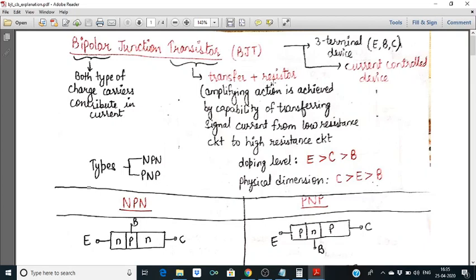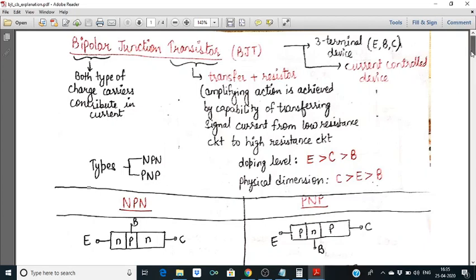For amplification, we pass a signal current from a low resistance to a high resistance circuit, as we make the emitter base junction forward biased while the base collector junction is reverse biased. So the signal is moving from a low resistance circuit to a high resistance circuit.